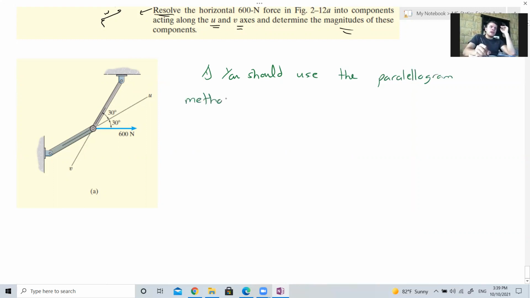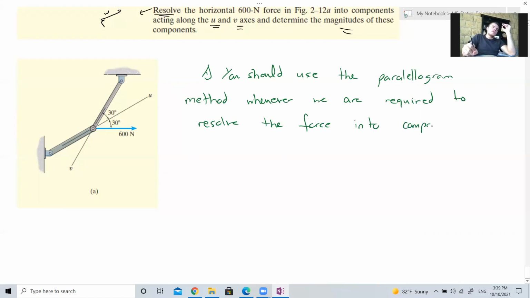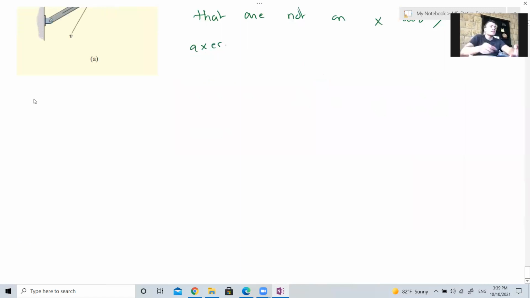You should use the parallelogram method whenever we are required to resolve the force into components that are not on the X and Y axes. Whenever they tell you to resolve the force into two components, what do we do?